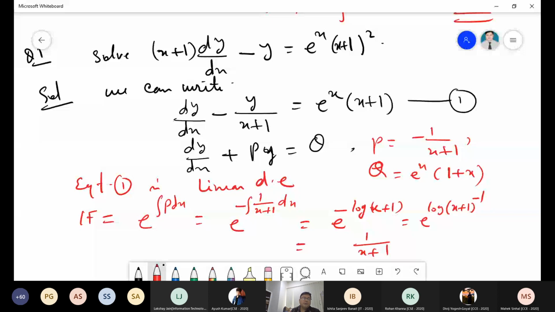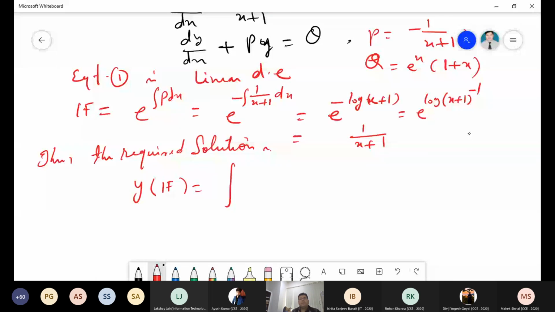Now the required solution is, we just multiply y with the integrating factor. The formula is y into integrating factor equals the integration of Q into integrating factor dx plus c, correct?